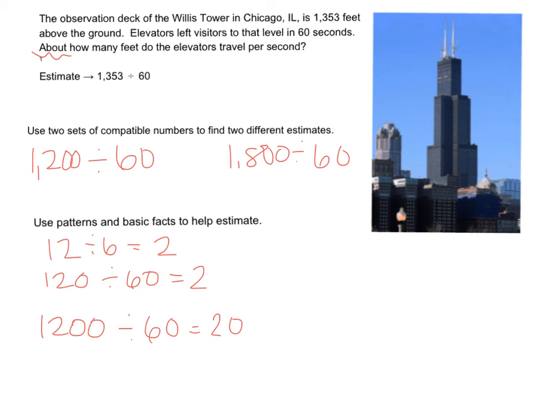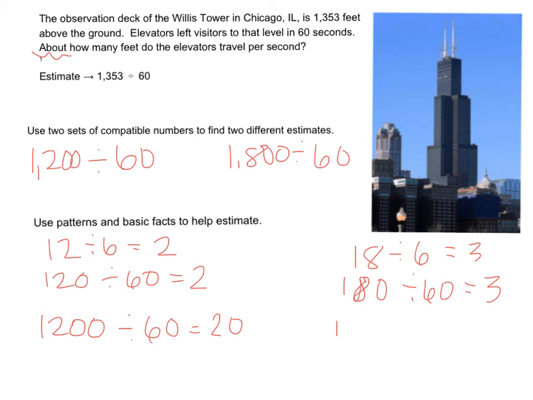Let's do the same thing for 1,800 divided by 60. I'm going to start with my basic fact of 18 divided by 6, and that is 3. I'm going to go up a place value. 180 divided by 60, that quotient is still 3 because I've gone up one place value on both the divisor and the dividend.